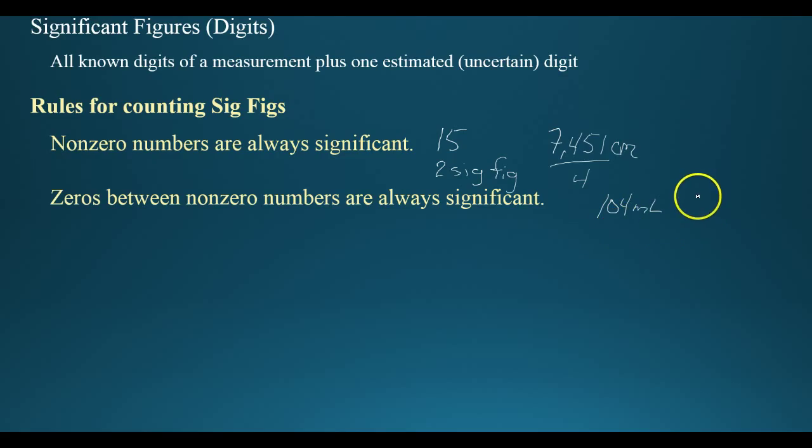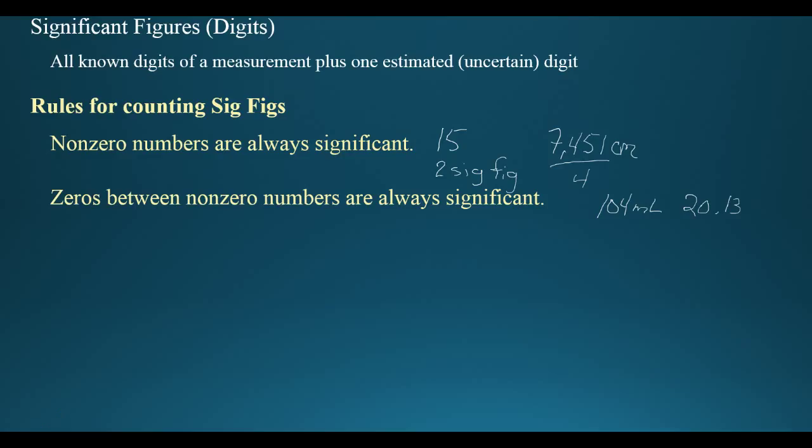But if you had something like 20.13, you have a 0 between two non-zero digits. You have a decimal there, but it doesn't really matter because that 0 is between two non-zero digits. You still have 4 significant figures.